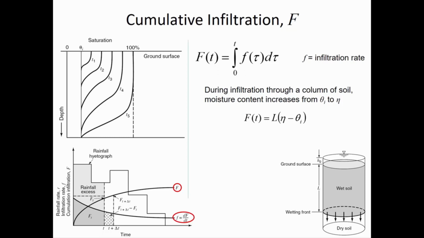The volume of water that was absorbed is going to be the porosity minus the initial moisture content. And so that's kind of like a fraction, remember, a storage fraction. So it went from the initial moisture content to fully saturated when the water penetrates all the way down, so the porosity is totally full with water.